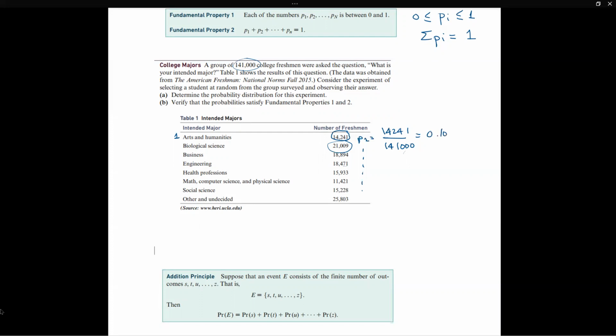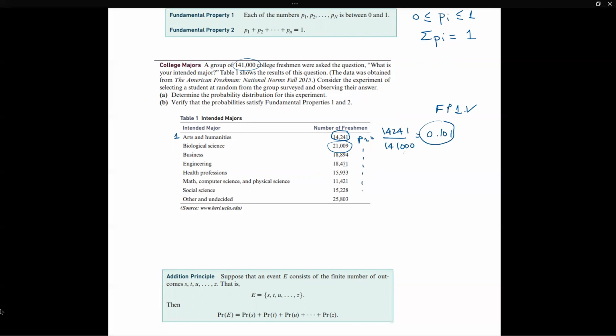So 0, 1, and 1. So as you see, this P1 here is between 0 and 1. So yes, it does meet here for the second question, the fundamental property 1, yes. So fundamental property 1 is good.